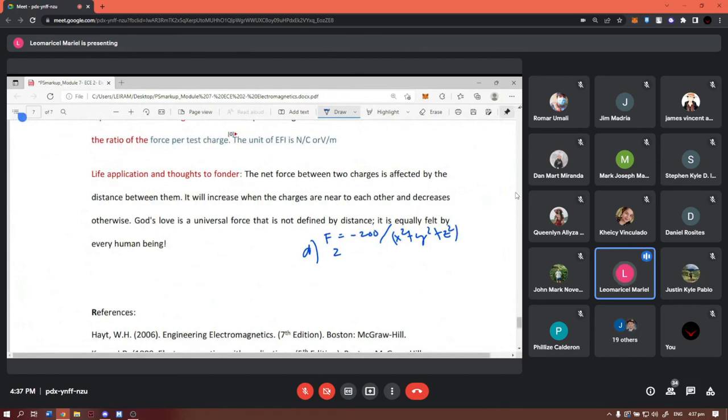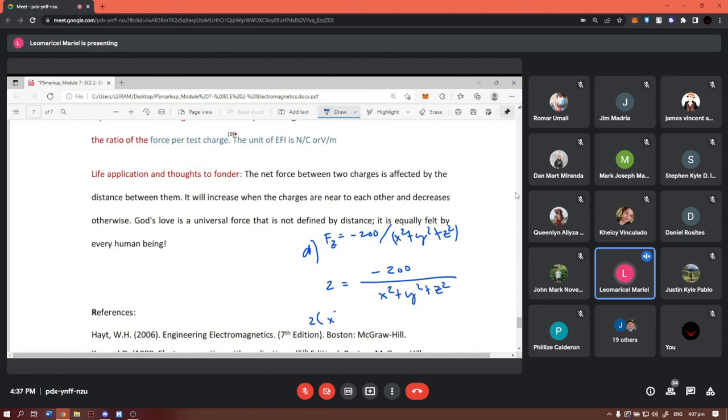Negative 200. Then 2 daw. So therefore, the locus of points along z, so Fz, ito, is equals to 2 equals negative 200 divide x squared plus y squared plus z squared. And then, divide natin ng 2, so magiging cross multiply.